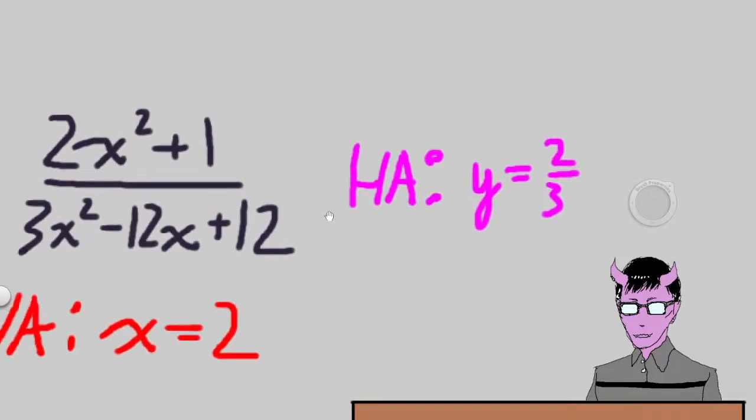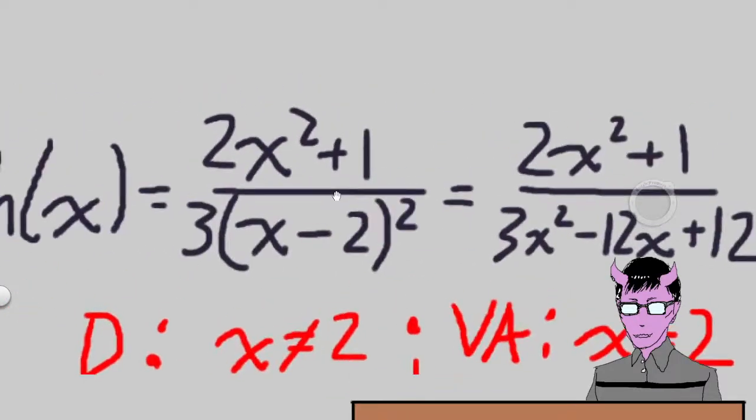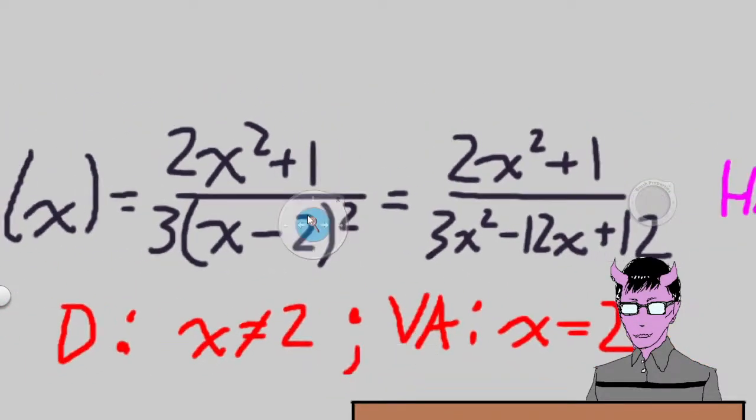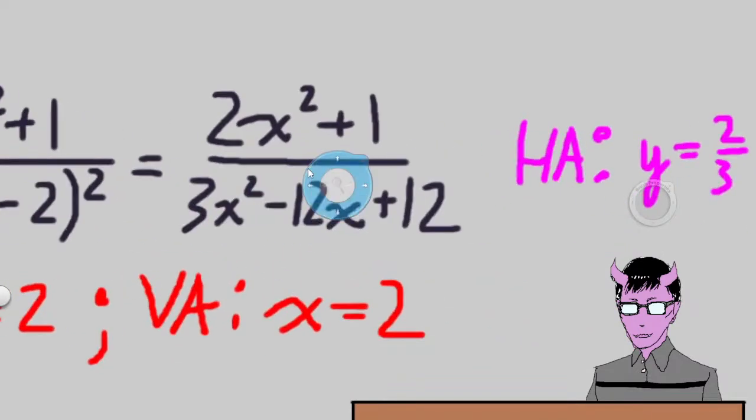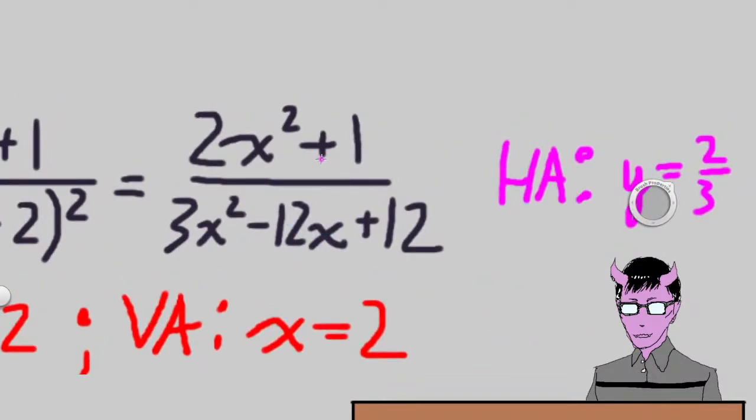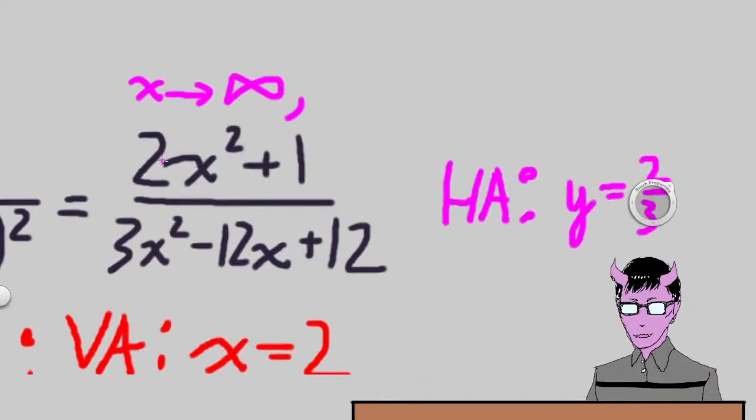So let us evaluate. Okay. What do we have here? Well, okay. What do you think? If x approaches a huge positive number, what happens overall?